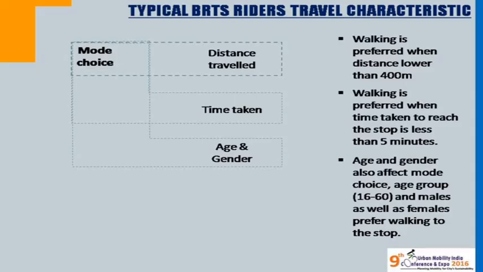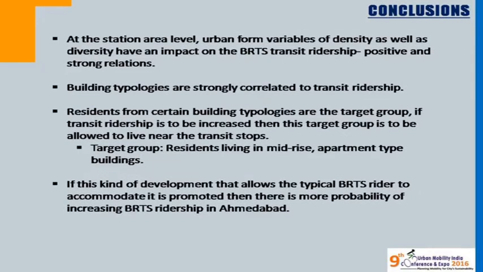As for age and gender, the age group of 16 to 60 was present, and males as well as females preferred walking towards the station. So the conclusion is that at the station area level, the urban form variables of density as well as diversity have an impact on the BRTS transit ridership, with positive and strong relations as we have seen before.